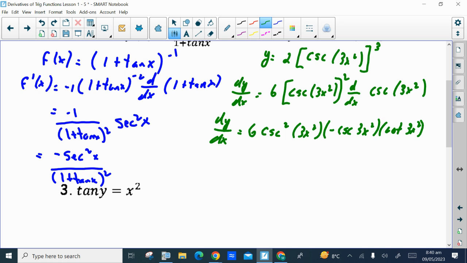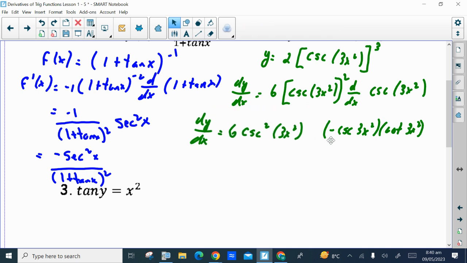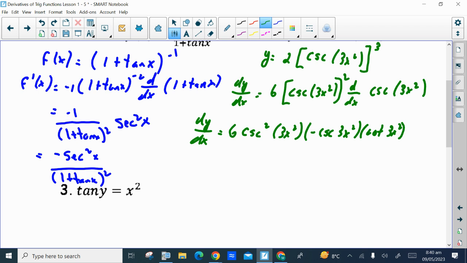But then you have to multiply once again by the derivative of what's inside the bracket. So the derivative of 3x squared. And the derivative of 3x squared is 6x times the 6 in front here will give us 36x.